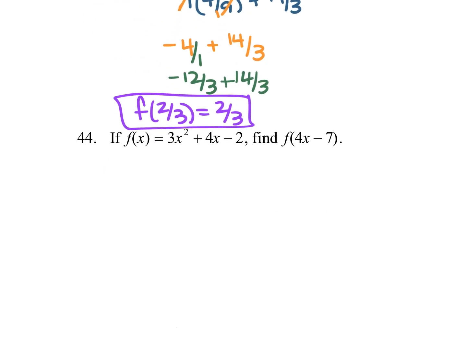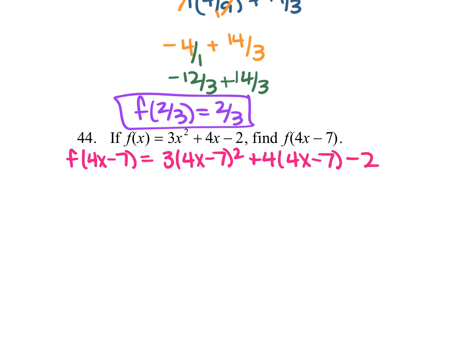For 44, you're finding f of x when x is equal to 4x minus 7 in 3x squared plus 4x minus 2. So anywhere we see an x, we're going to plug the 4x minus 7 in for it. So that's going to give us 3 times 4x minus 7 squared plus 4 times 4x minus 7 minus 2.